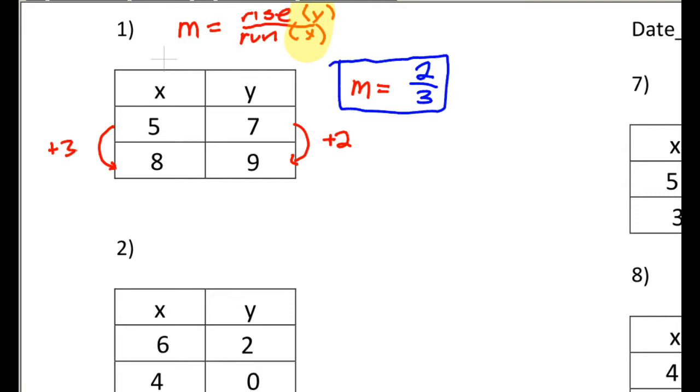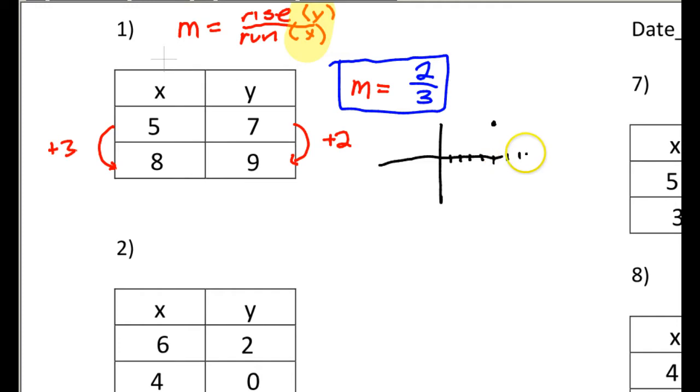And if we really wanted to satisfy our curiosity, you could go ahead and sketch it. So we have 5 comma 7. That'd be 1, 2, 3, 4, 5, and then up 7. And then we have 8 comma 9.